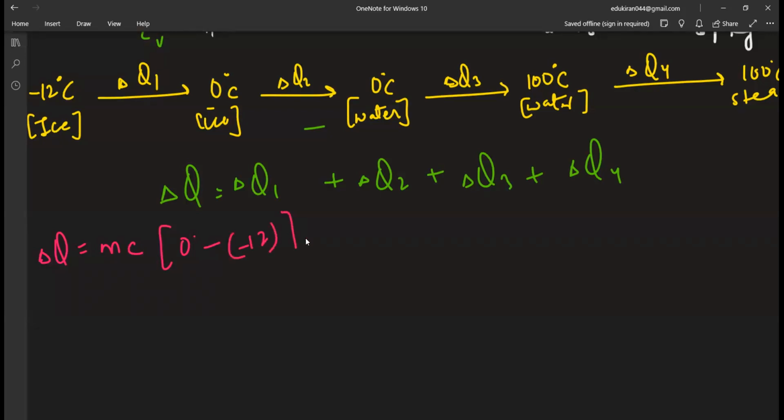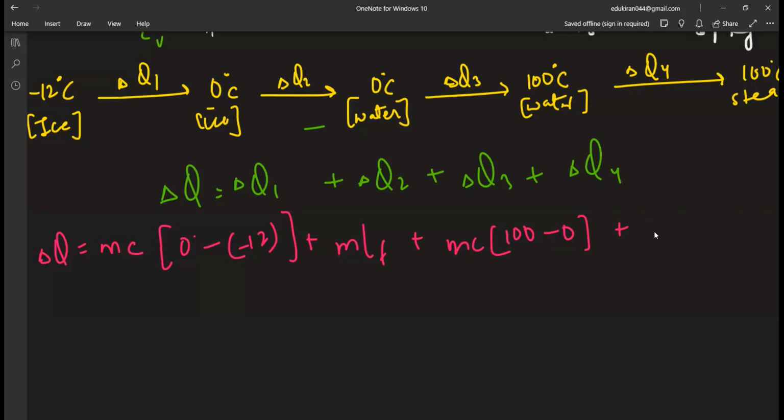MC delta T, plus. In the second one, temperature remains constant but state is changing, so that is latent heat of fusion. Third one, again MC delta T, because 0 degree water to 100 degree Celsius water. Whenever you see temperature is changing, it's directly MC delta T. So the temperature change is 100 minus 0.